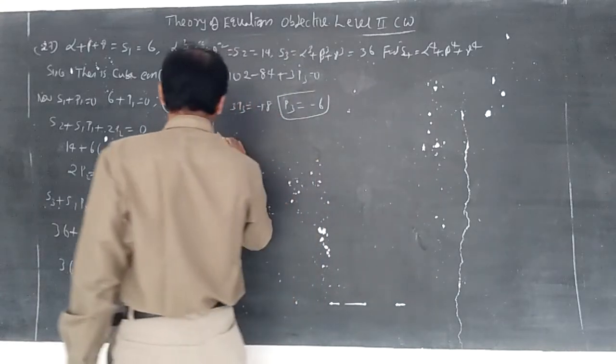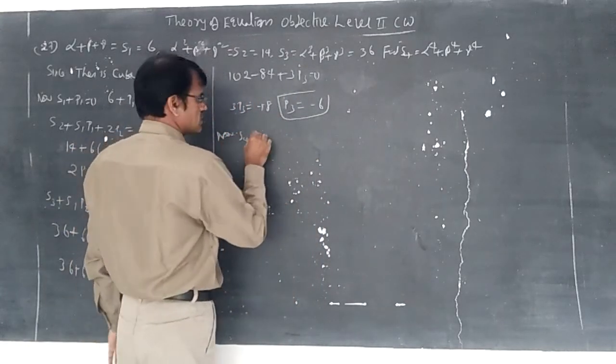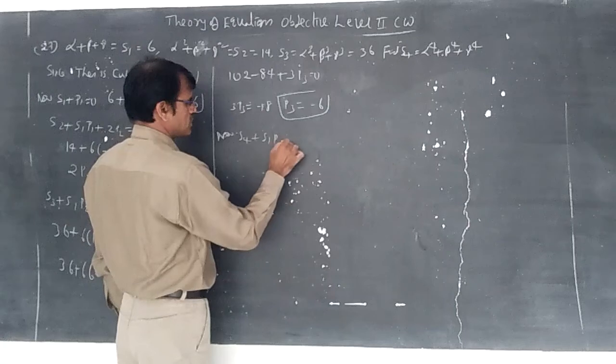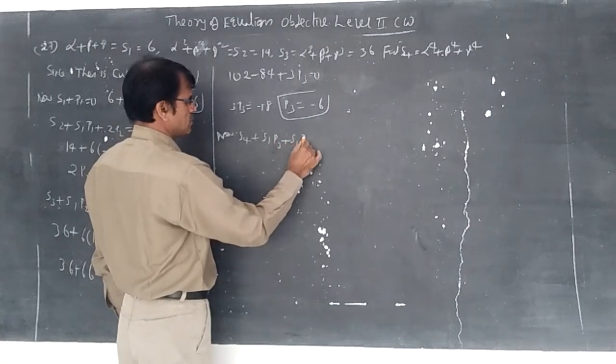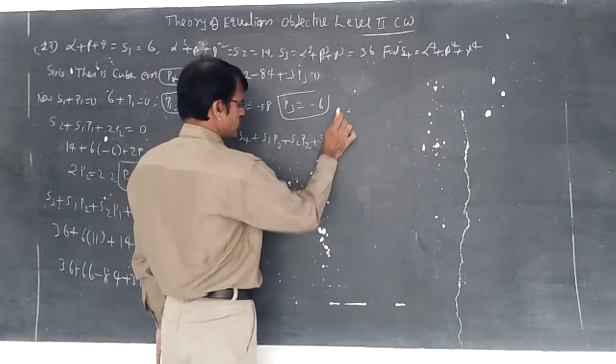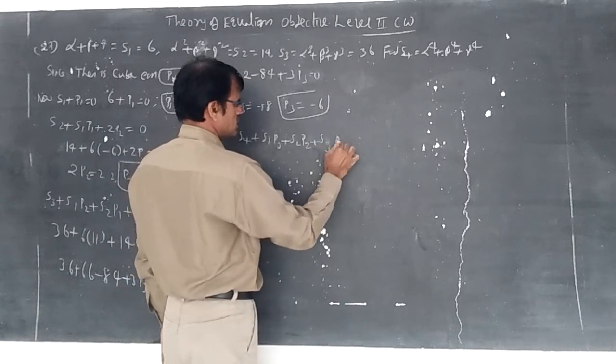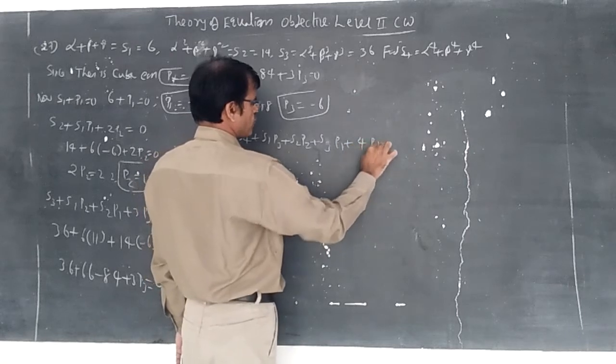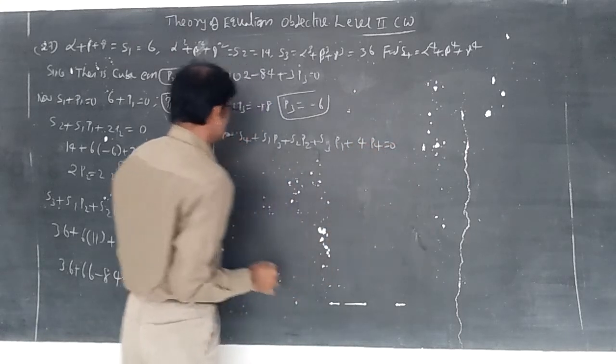Now write the formula S4 plus S1 P3 plus S2 P2 plus S3 P1 plus 4 P4 equal to 0.